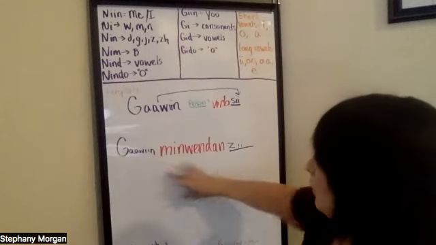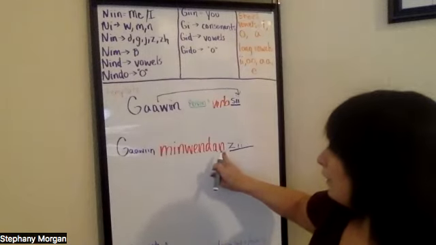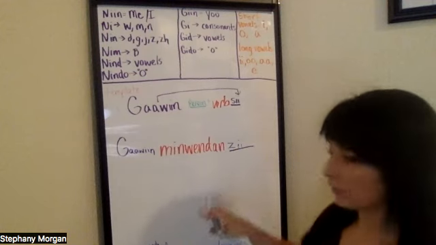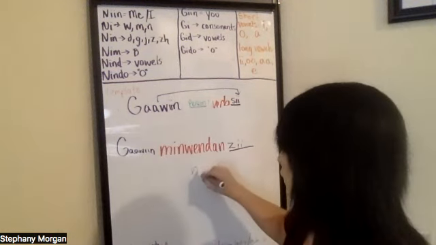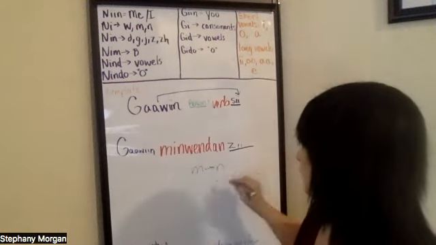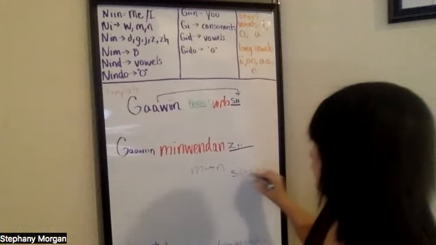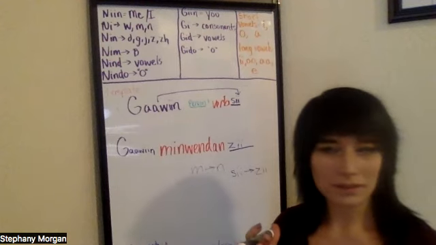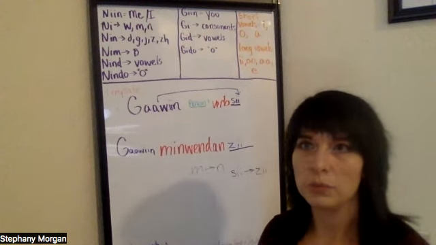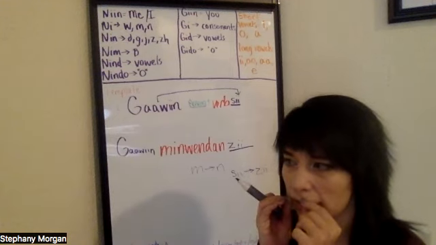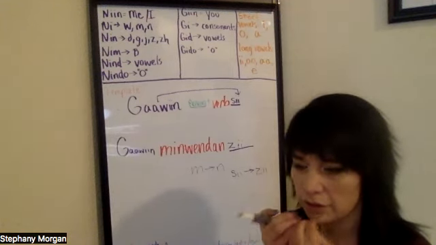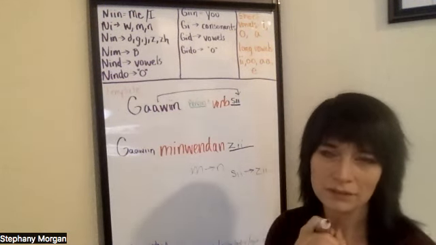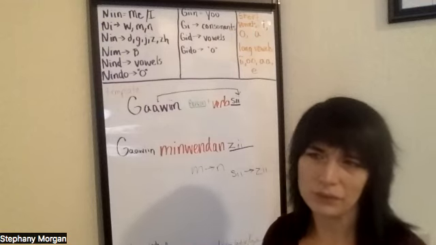So, gaawiin minweendum Z, that M ending verbs, when you negate them, when they are not happening, the M turns into an N, and then the C turns into a Z. And you know, it's something that you need to remember when writing, but it almost naturally comes out of the mouth with more ease, and that's where some of these things I think come from.